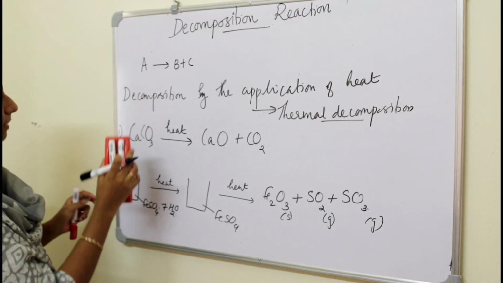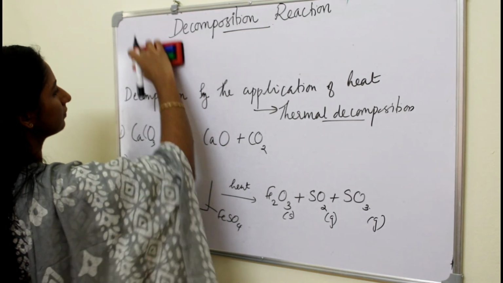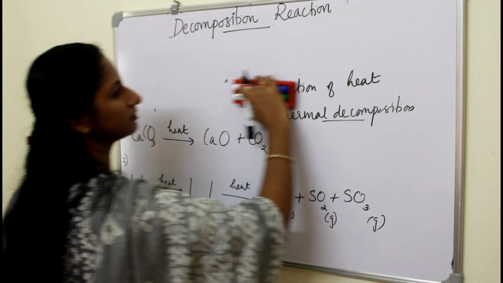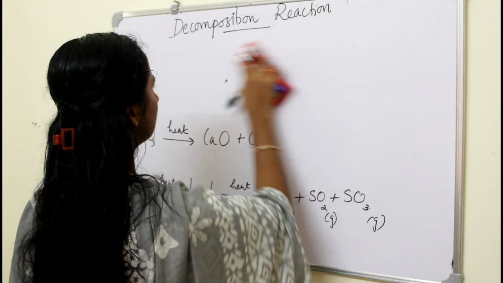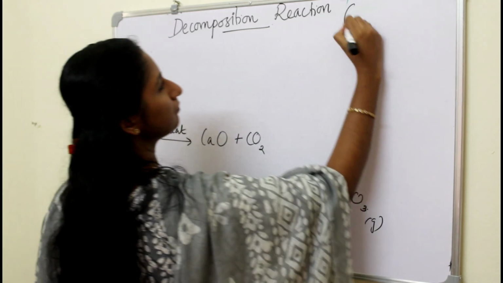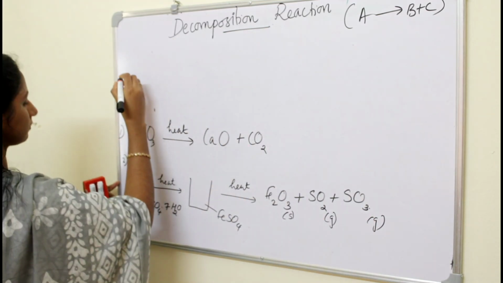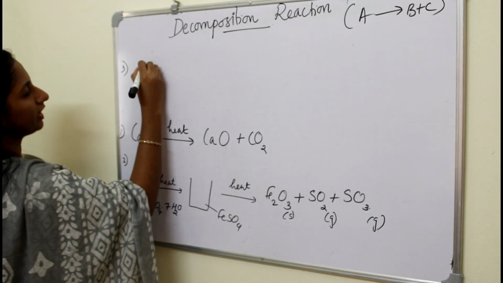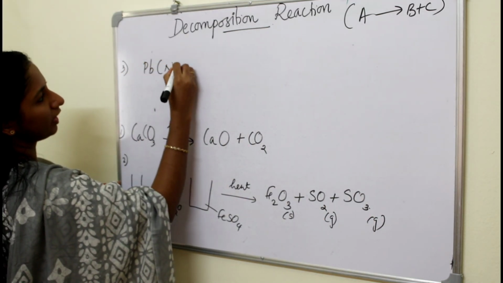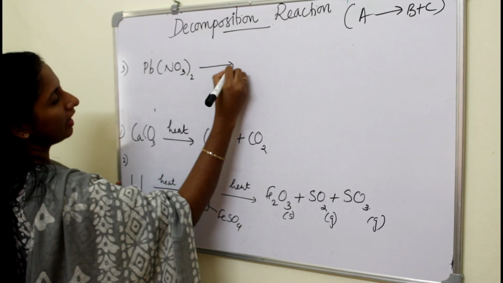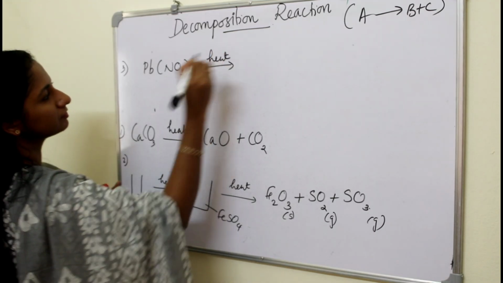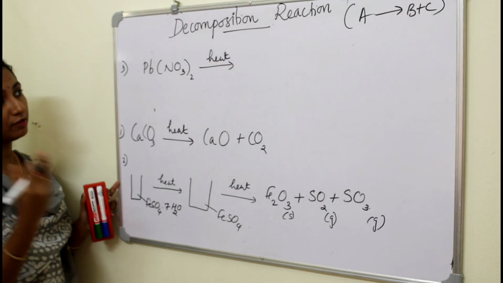There is one more example. We are taking lead nitrate, Pb(NO3)2, and we are heating it.